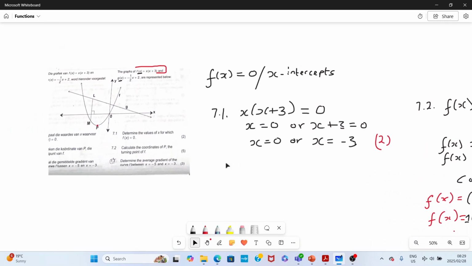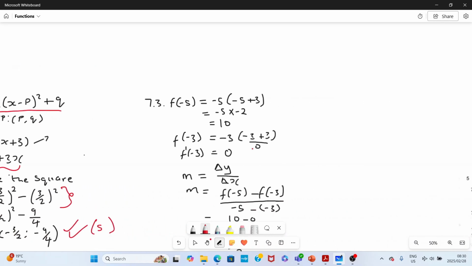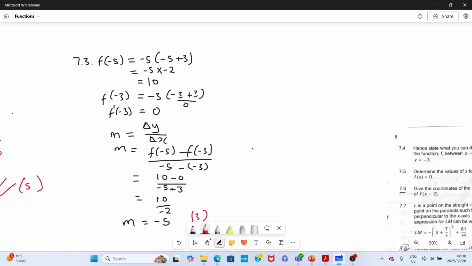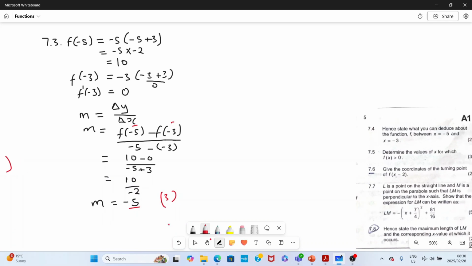Between -5 and -3, those were the values that we used to find the gradient. So our gradient was -5. So already from the gradient, we can tell what the function is doing between those x values.